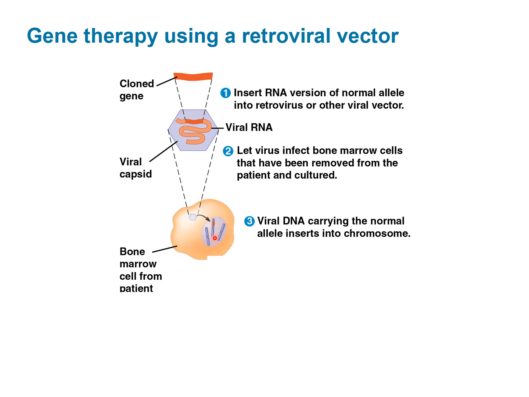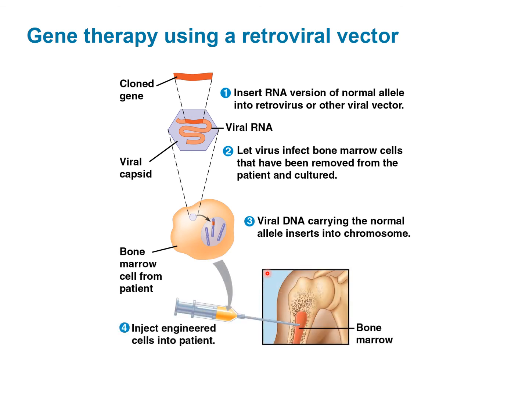Once that occurs, these cells have been basically transformed. This is called transfection. They've been transformed to normal cells where they're going to be producing normal proteins rather than the mutant proteins, which are actually causing disease.